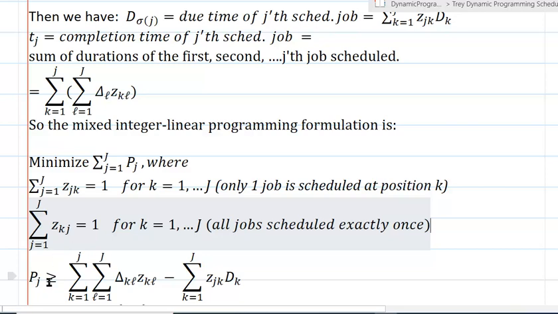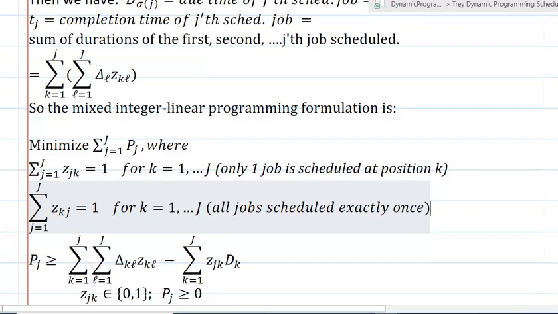Now my penalty, I write my penalty this way. This is my penalty function. This is my completion time minus my due time. And these are both linear functions. And I put a greater than or equal to, because if this quantity is negative, then I don't want to set this equal to the penalty.